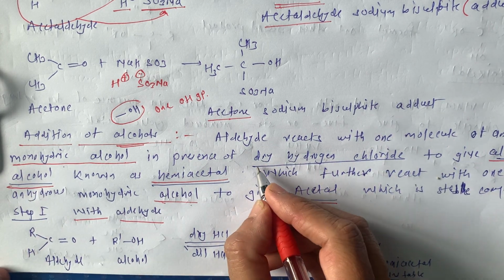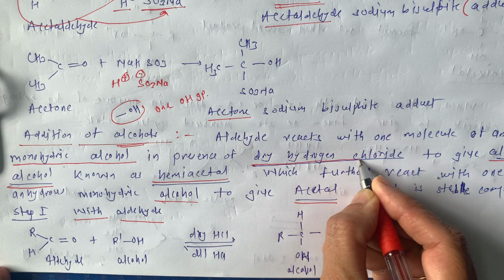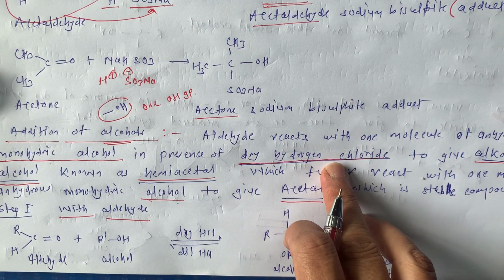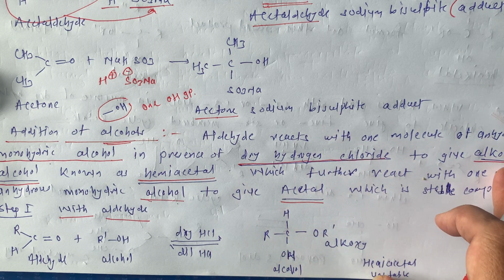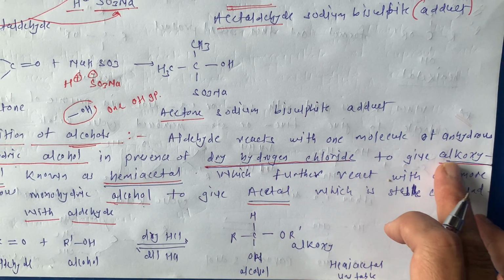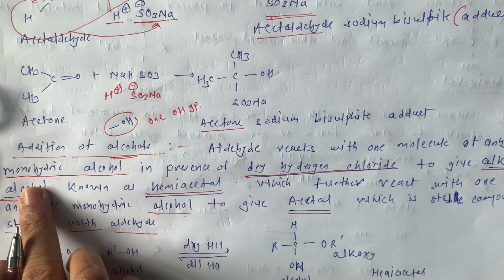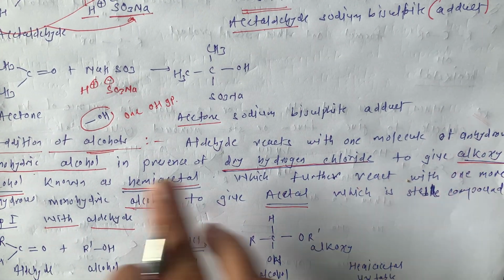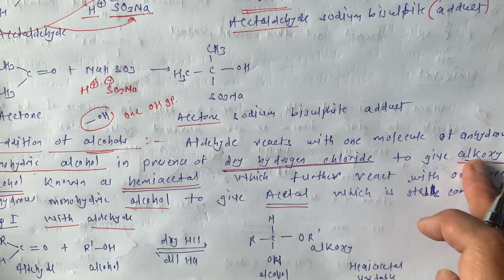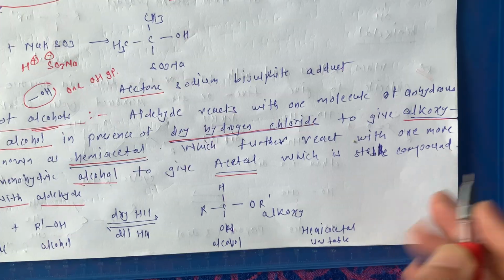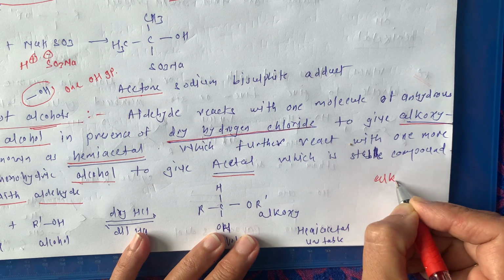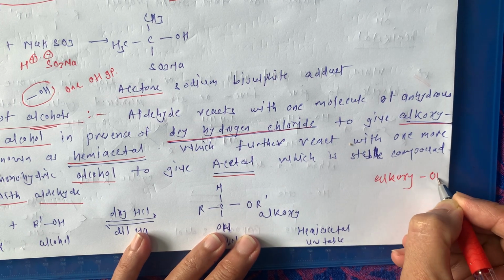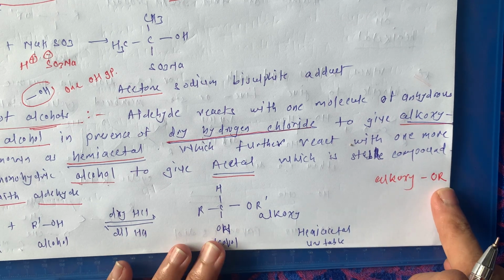Dry hydrogen chloride, meaning there is no trace of water, to give alkoxy alcohol. This is again a new term for us. So here two functional groups are together. Alkoxy alcohol. Alkoxy means nothing but O and R.